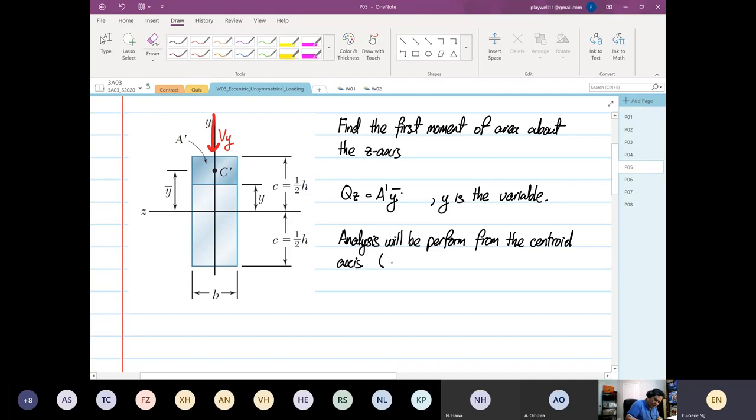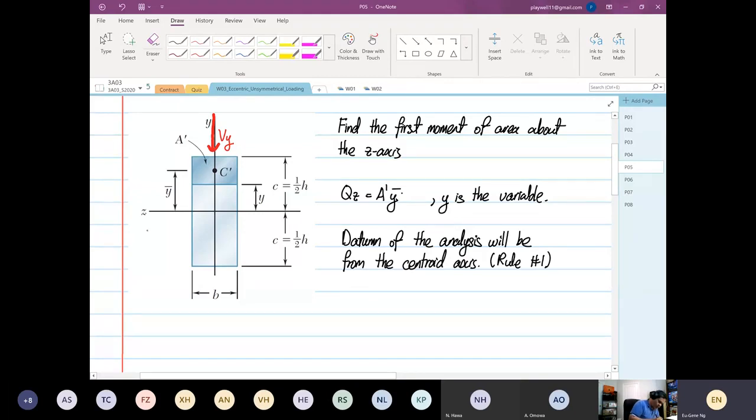Okay, so this is rule number 1. Sorry, it's not the datum... I do apologize, the datum of the analysis will be from the centroid axis. Okay, so this is rule number 1.